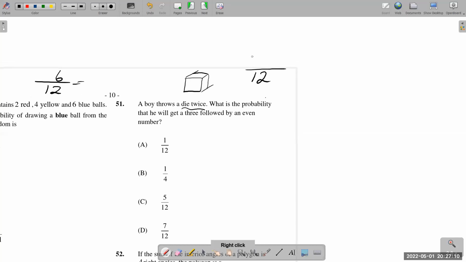So it's going to be 2 plus, followed by an even number. An even number, like we said, would be 2, 4, and 6. So that would be 3. So the answer is 5 over 12.